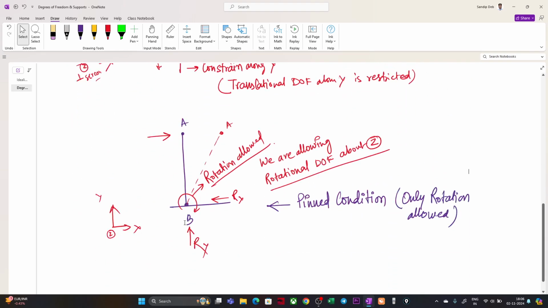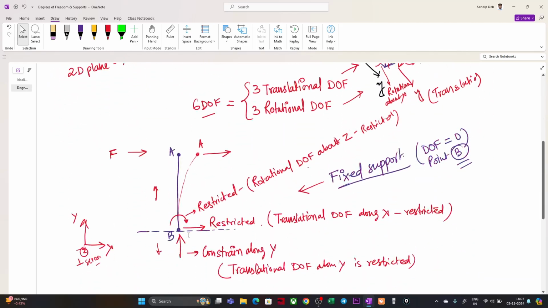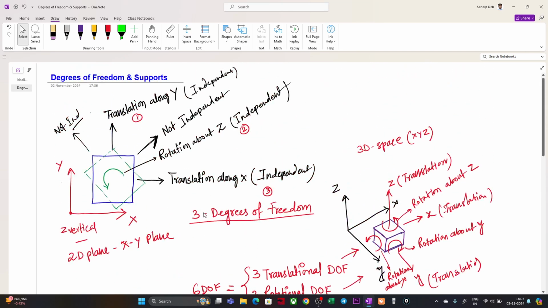But degrees of freedom can be for a single joint or for a whole system as well. So I hope it is clear what degrees of freedom are, and how we can define the supports by our understanding of degrees of freedom.